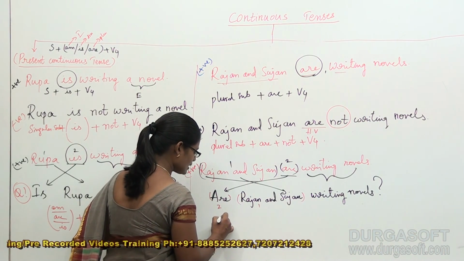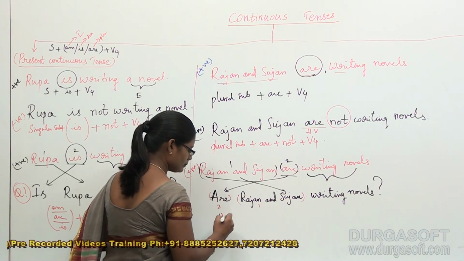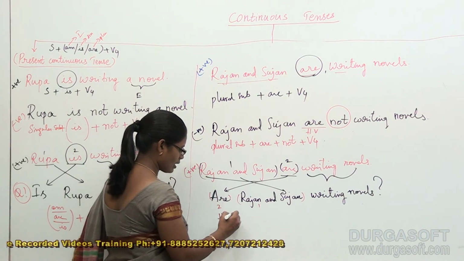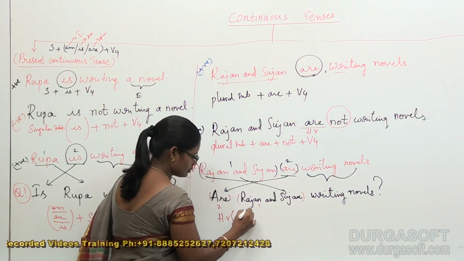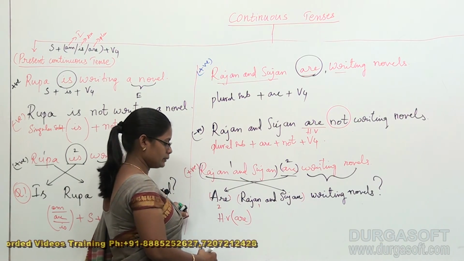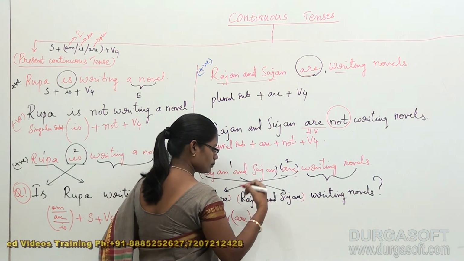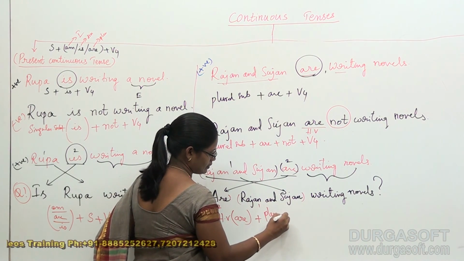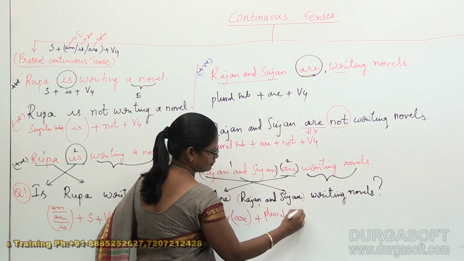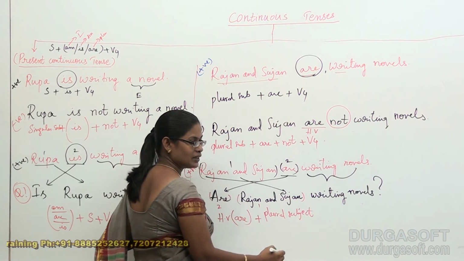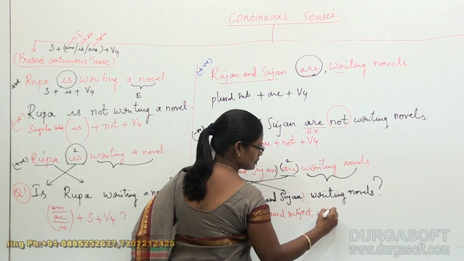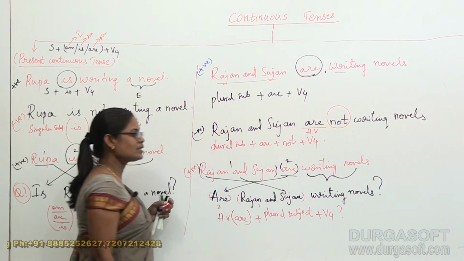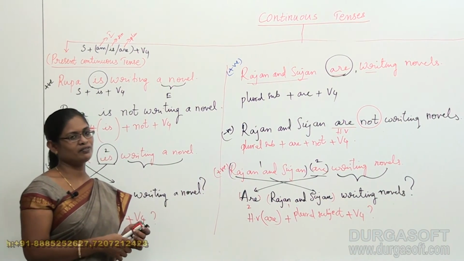This is the helping verb, are. If the helping verb are takes place, automatically it has to be followed by a plural subject, plus V4. This is the questioning form.